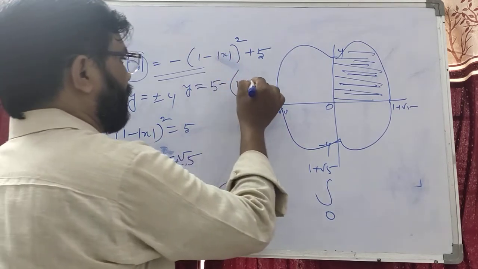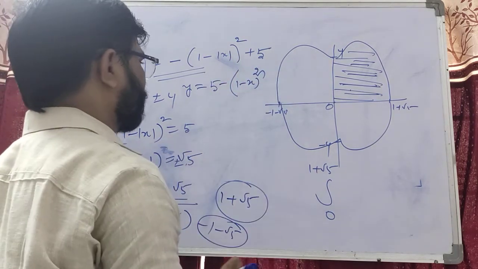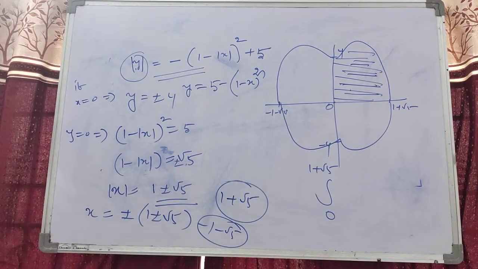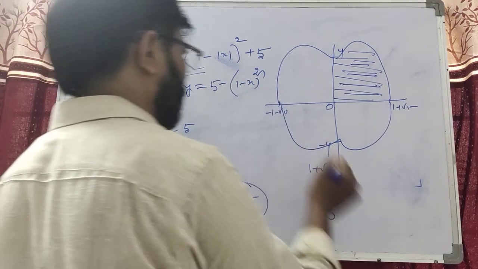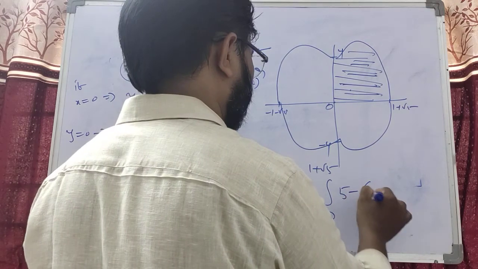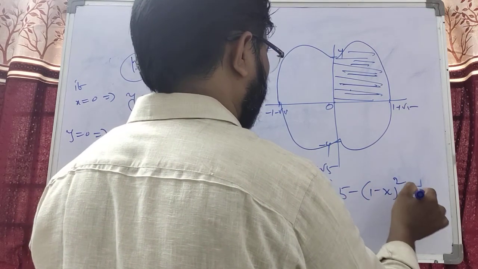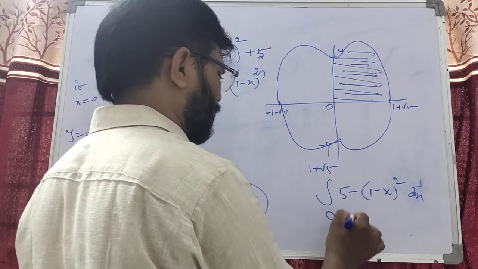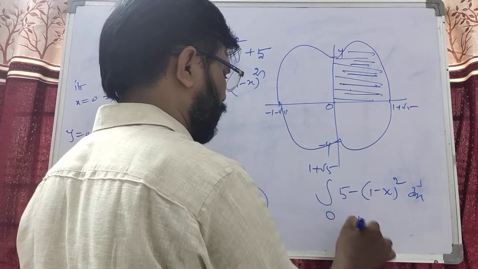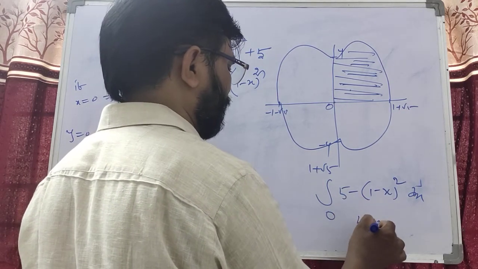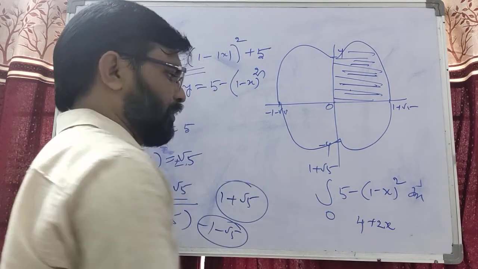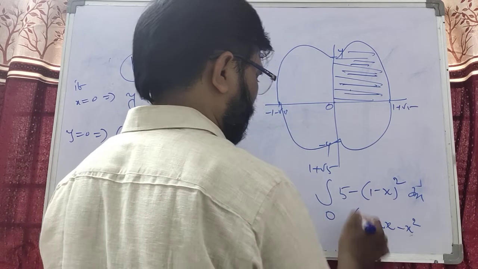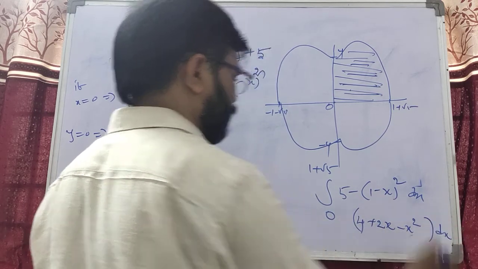That is 1 minus x whole square. Then you can write x minus 1 or 1 minus x, whatever it may be, a minus b or b minus a. You can write 1 minus x whole square dx. How to write this, students? This is 5 minus 1, that is 4, minus 2ab, that is minus of minus plus 2x, and after that, minus x square dx. Okay, students? You can proceed.